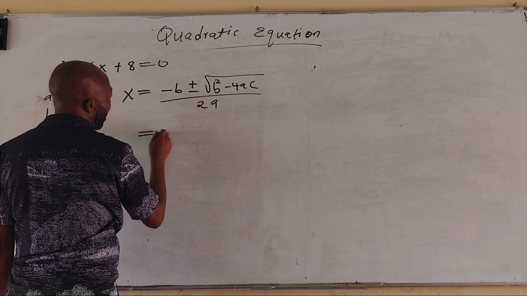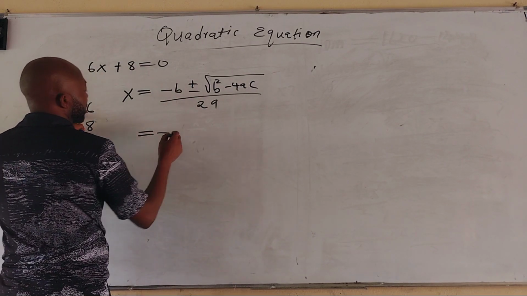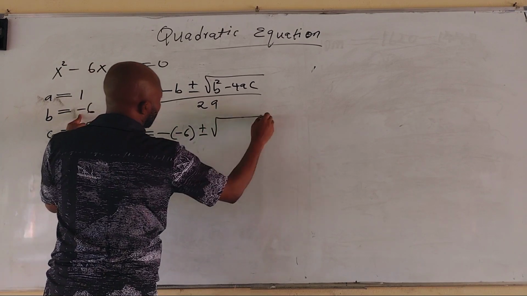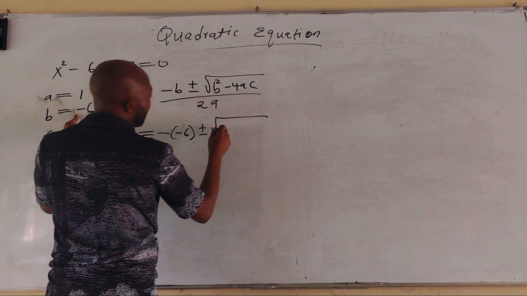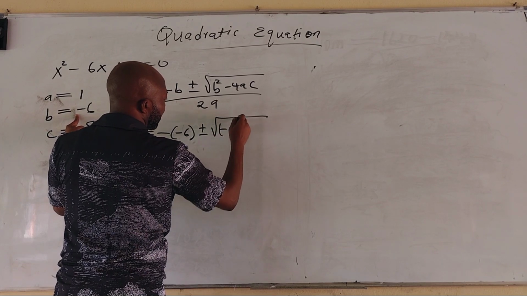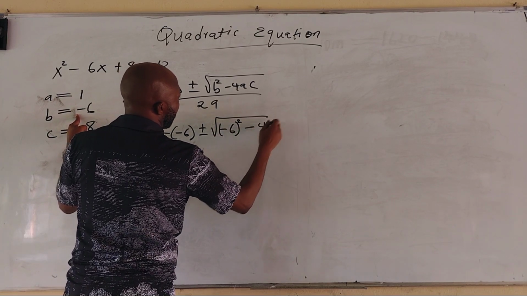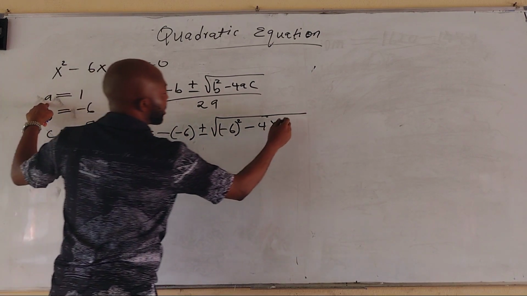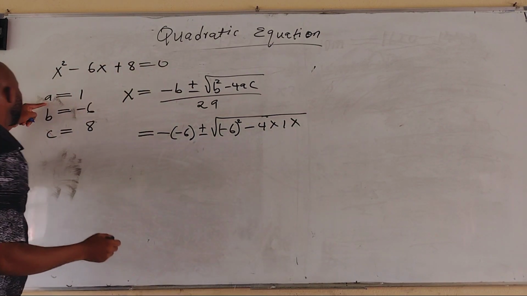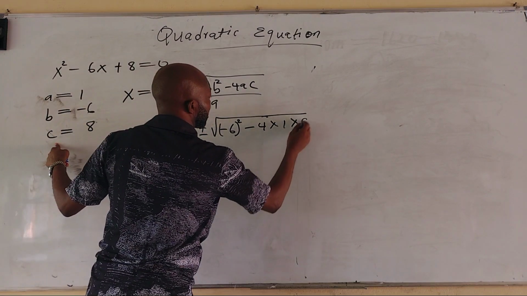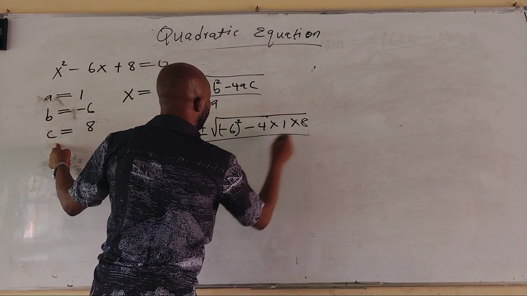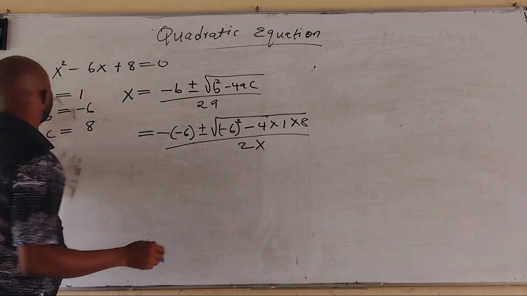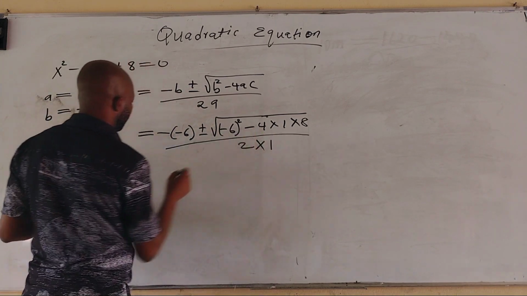And this is minus, b is now minus 6, so I put my minus minus 6, plus or minus the root of b squared, which is minus 6 squared, minus 4 times a, a is 1, times c, c is 8, all over 2 times a, a is 1.